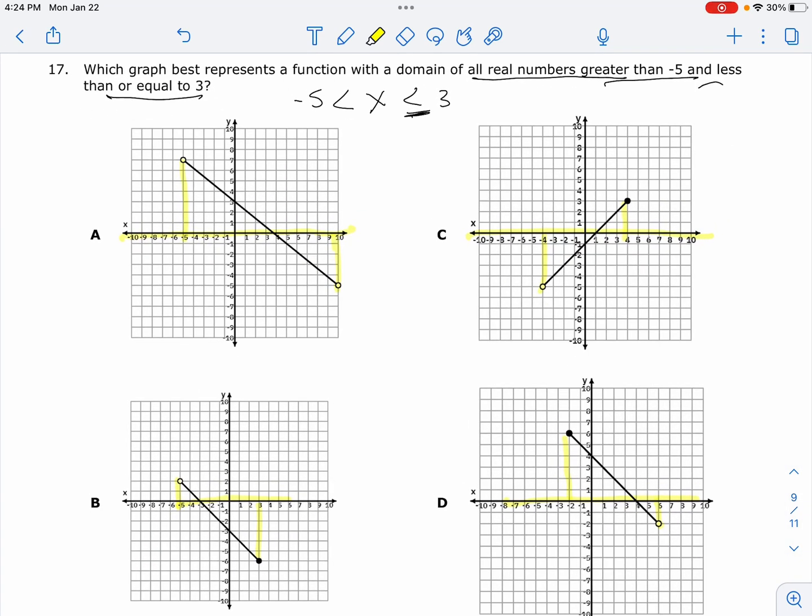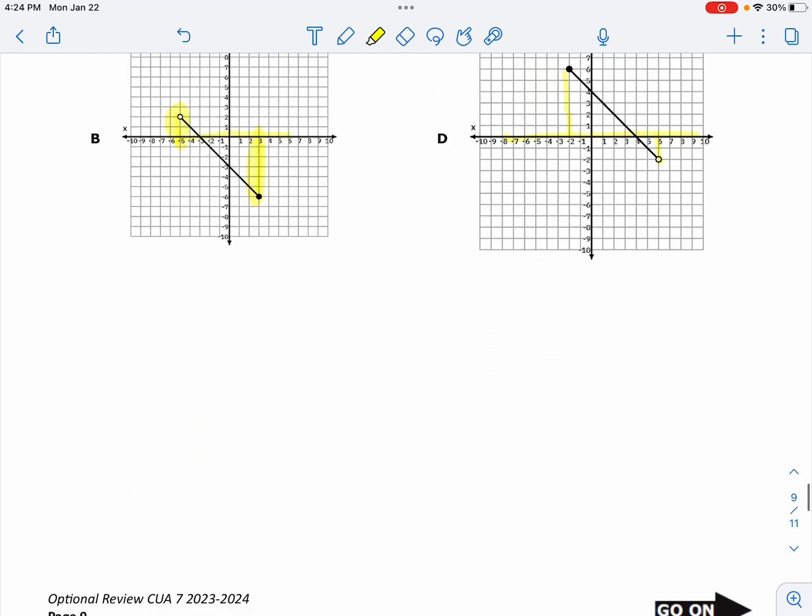So it looks to me like it's B, but let's go check our arrows. Sure enough, when you look at the +3, that is a closed circle, which means it should be underlined. When you look at the -5, that is an open circle, which means it's not underlined.